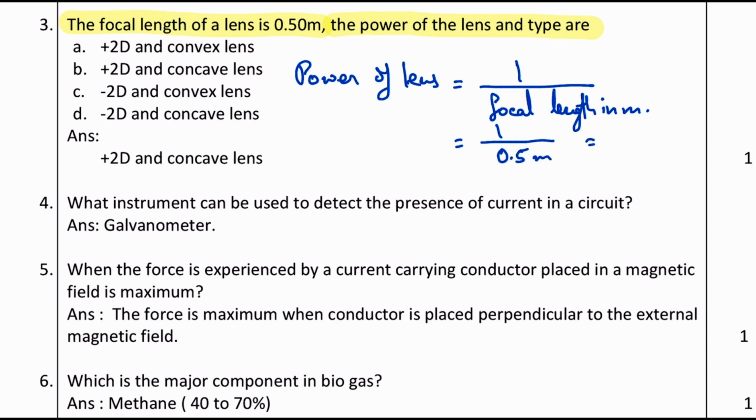If we take the 5 outside, then it will be 10 by 5, which is 2. Answer is plus 2D. And because it's plus, it's a convex lens. Answer is 2D convex lens. B.